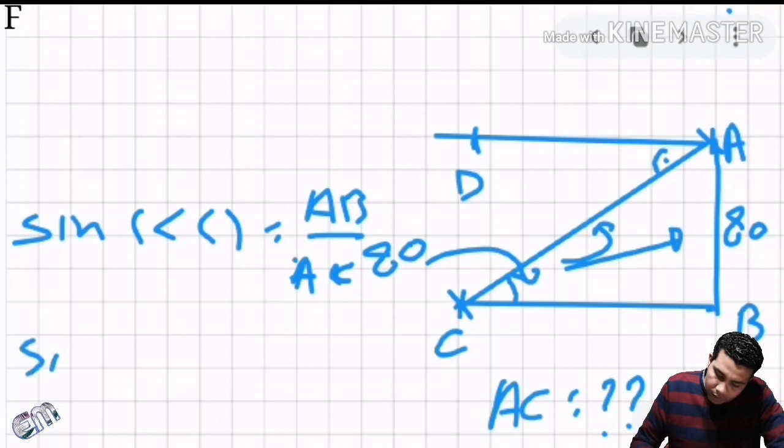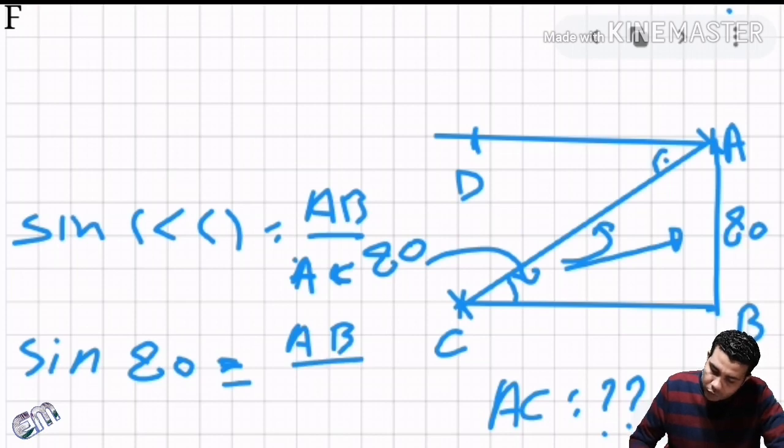So here I will say sin 80 equals AB over AC. The required is AC. How to find AC?